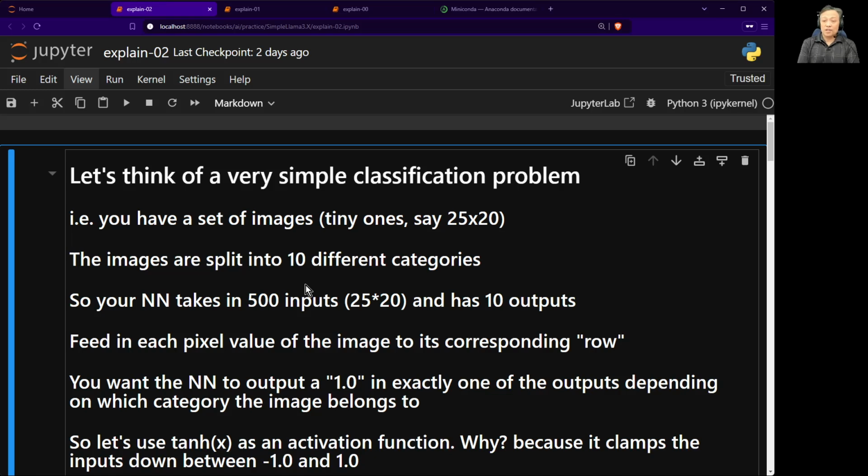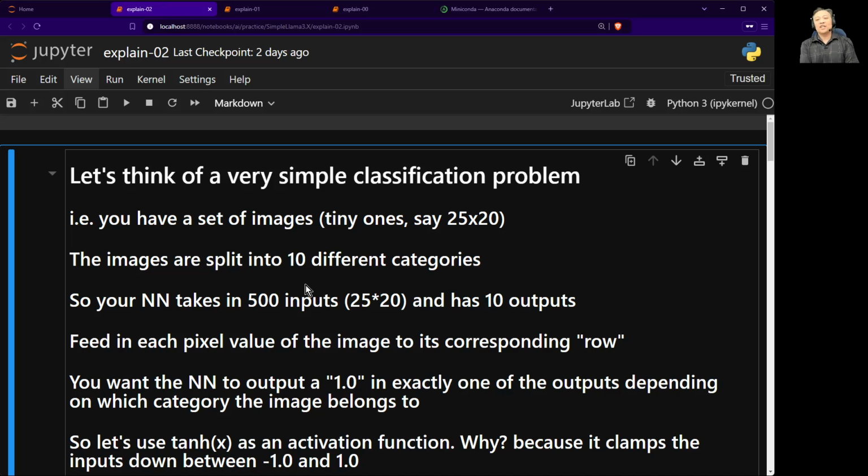Because the images are 25 by 20, the neural network has to take in 500 inputs. And if the images have 10 categories, let's say shirts, shoes, handbags, and so on, then it has 10 outputs, right?